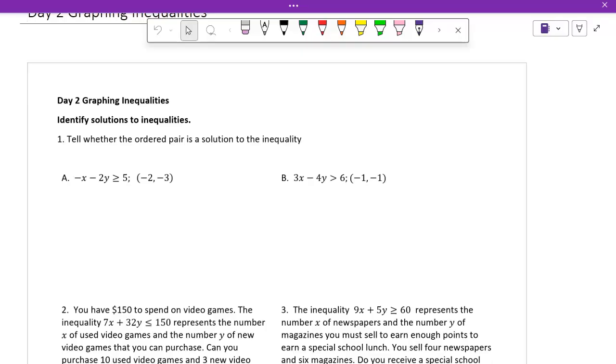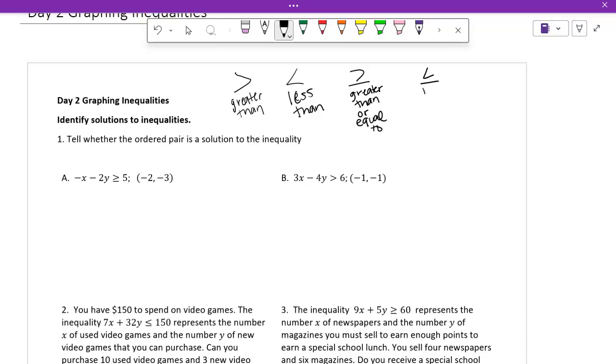So today we are graphing inequalities. Yesterday we graphed systems of equations. And today we're going to do inequalities. So just a reminder, for inequalities, instead of an equal sign, we have our greater than, we have our less than sign, we have our greater than or equal to sign, and we have our less than or equal to sign.